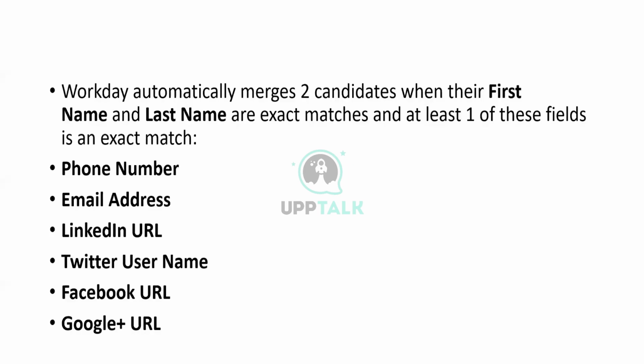They ask you to create a different email ID and then start with the job application. First name and last name should be the same, and along with that at least one of these fields should match. Only then would it be considered a duplicate.